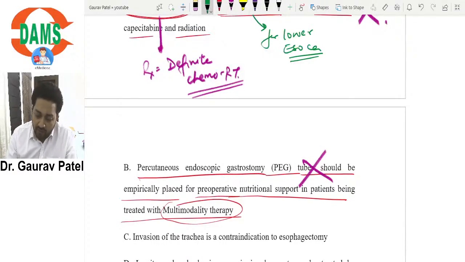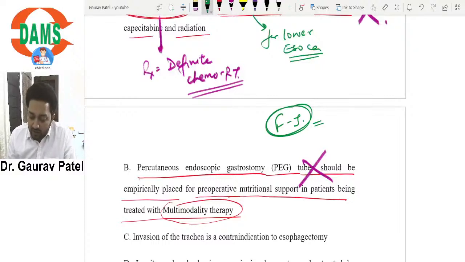You can go for feeding jejunostomy, which is the preferred option. Why are you not doing a gastrostomy? Because the stomach is going to be used for the pull-up as the esophageal replacement, so you don't want to puncture the stomach which you are going to take to the thorax or to the neck. So this is also a wrong statement.